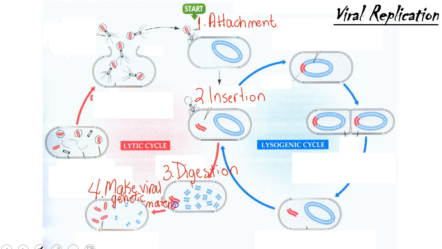And once we have more virus genetic material, the enzymes and the ribosomes have that genetic material so they can start the process of transcription and translation and make more virus proteins and capsids. And then once we have those viral proteins and capsids, those viruses assemble.